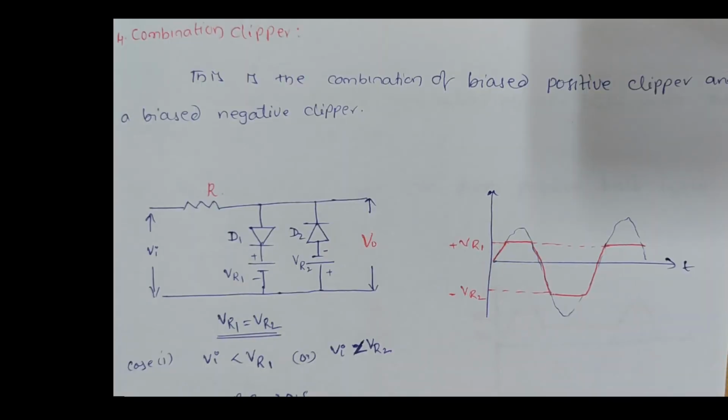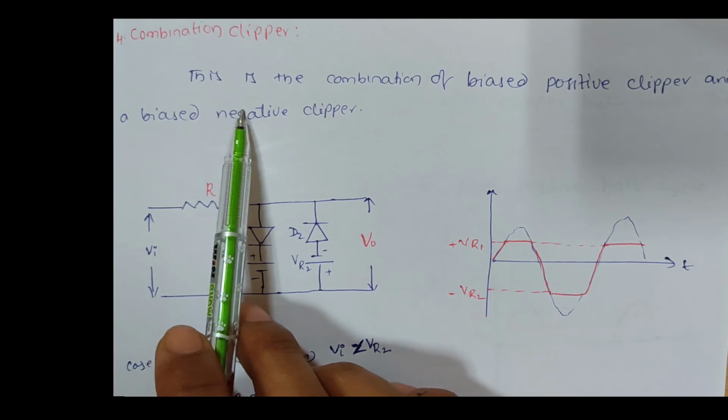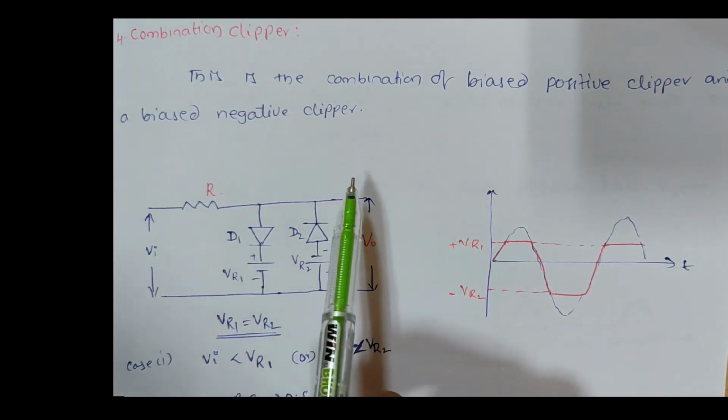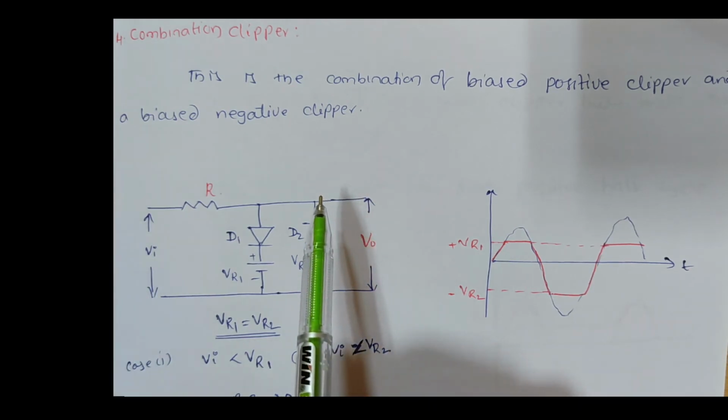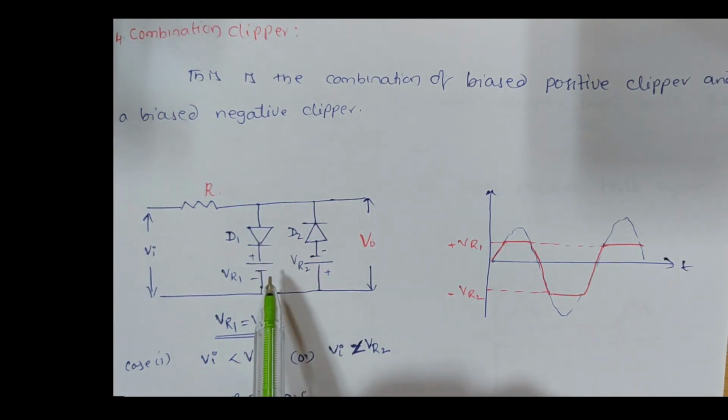Next, discuss the fourth type, the combination clipper. This is the combination of a biased positive clipper and a biased negative clipper. In previous sections we studied the biased positive clipper and biased negative clipper. The two are combined in a single circuit.